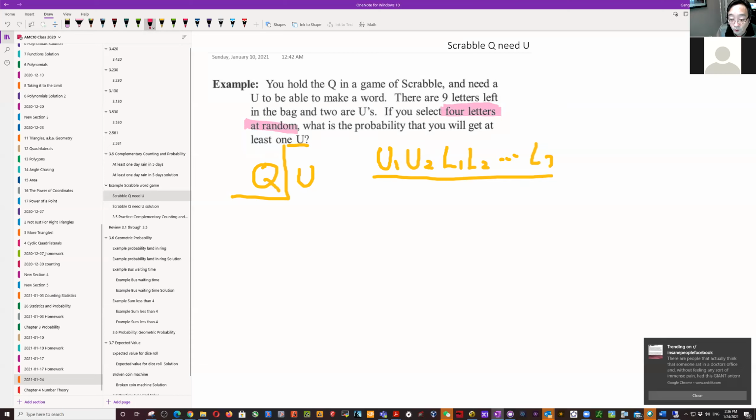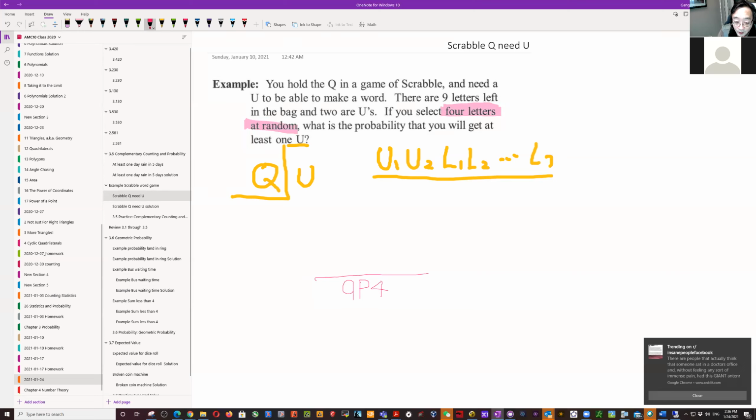A quadruple is just an ordered 4 letters. Choosing a quadruple out of 9 letters basically is 9 permute 4. That's the denominator.